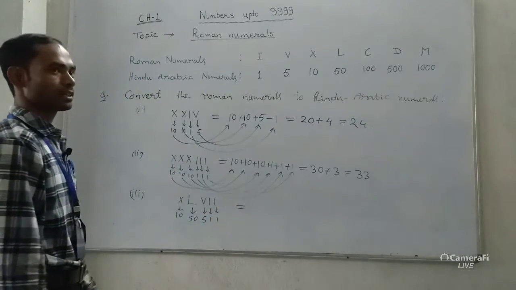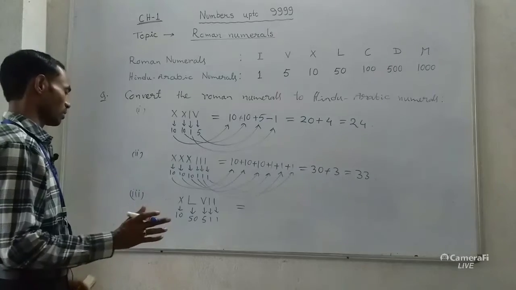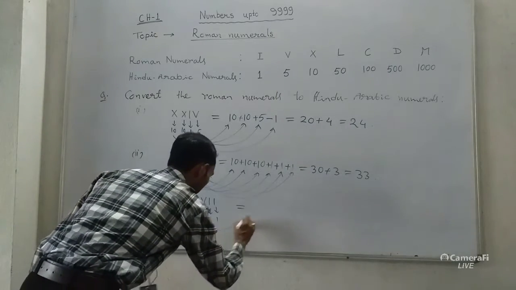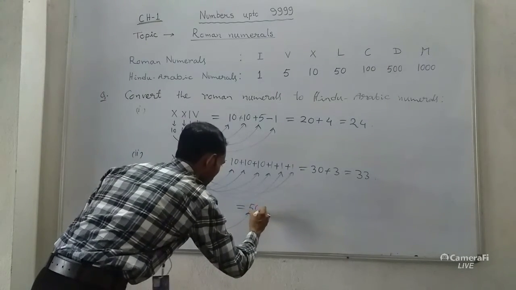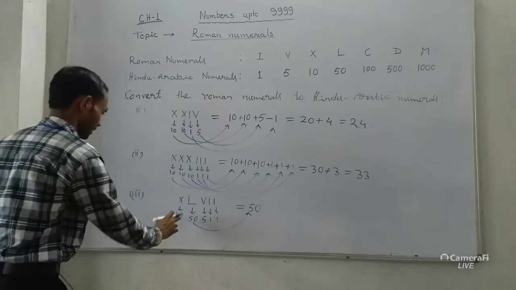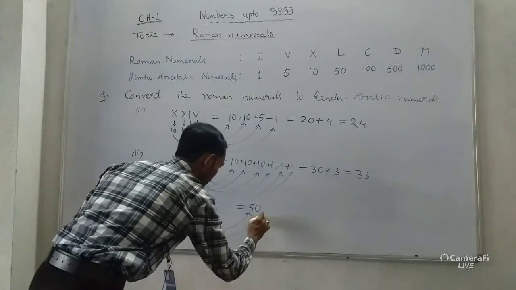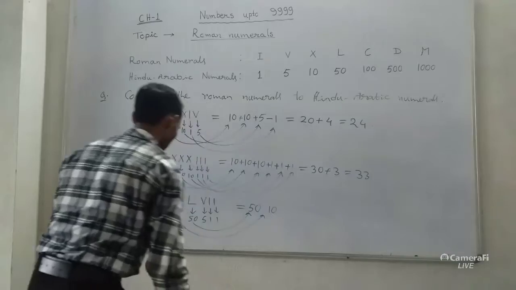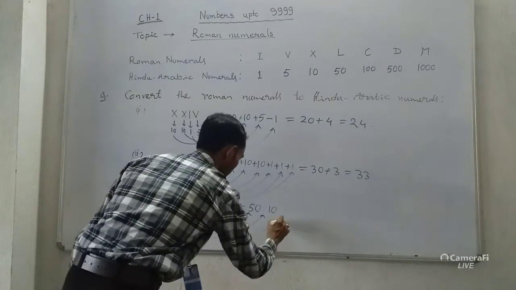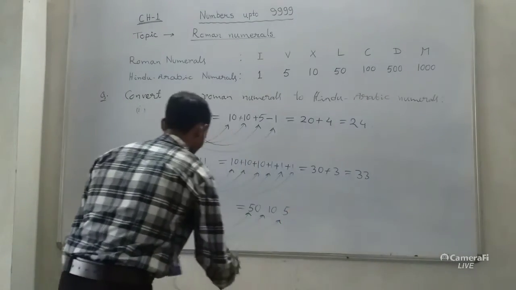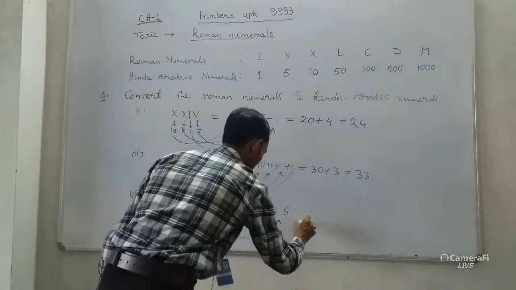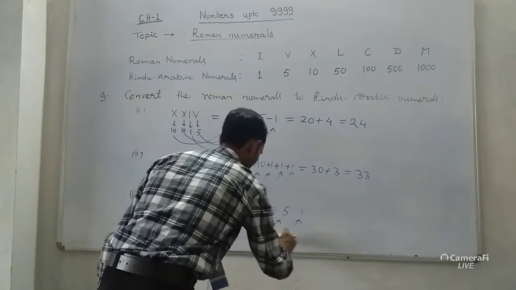Let us first arrange the numbers from larger to smaller. So first 50 we will take, then 10, next 5 will come, next 1 and then again 1.